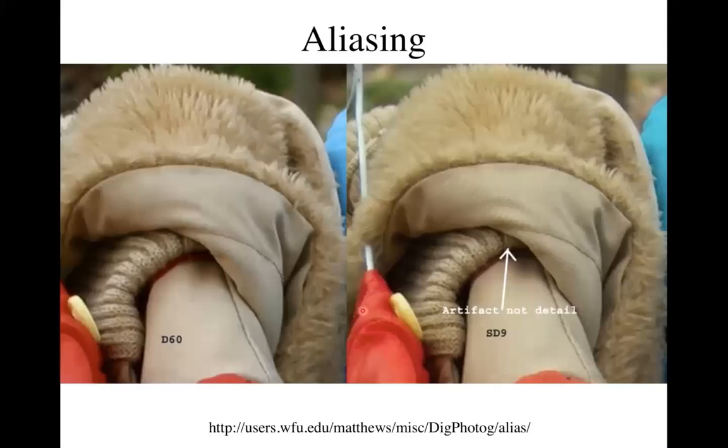Here's another example of an aliasing artifact in an image where we have two different cameras being tested, and the fabric of this coat has a high frequency pattern due to the stitching. And in this camera, you do not see that pattern.